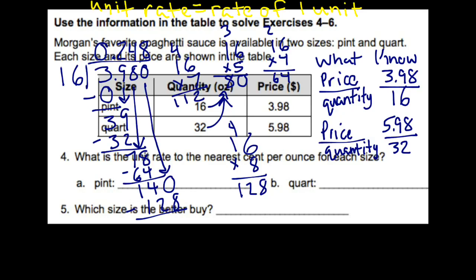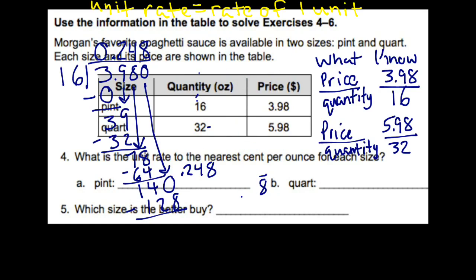So I'm going to put 248 thousandths, and let me erase my little multiplication over here so it's not as confusing, or 25 cents. Because if I round to the nearest cent, it would round up because 8 is 5 or higher.